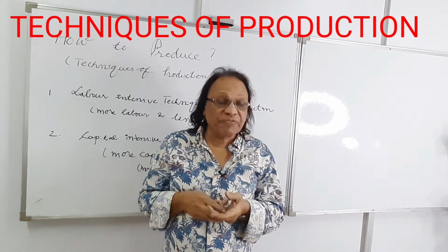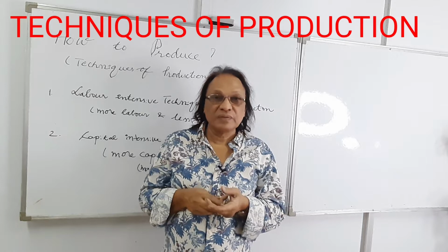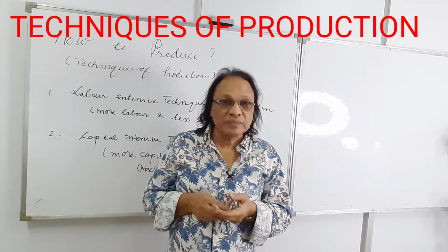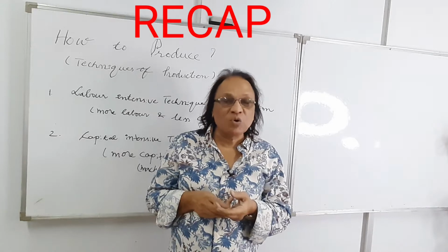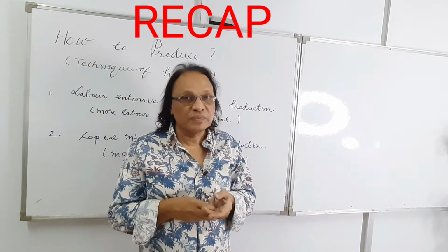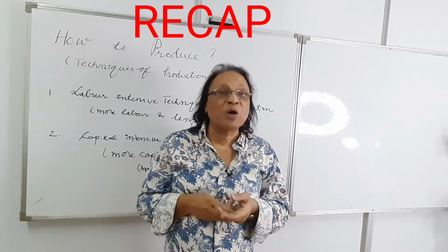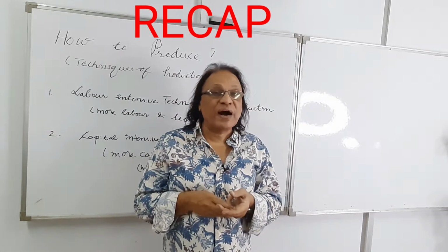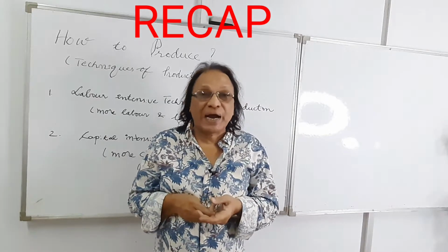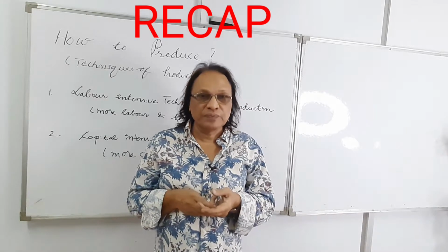Let's refresh. I'll give a flashback. The first thing you learned, what is the basic economic problem? The basic economic problem is the problem of choice because of unlimited wants and limited resources which have alternative uses.